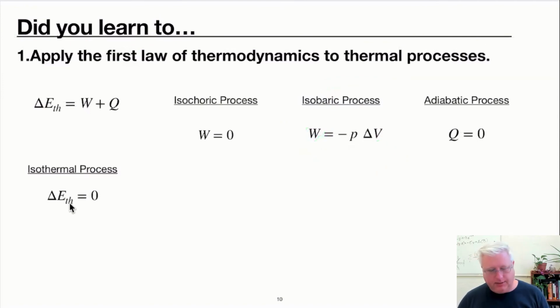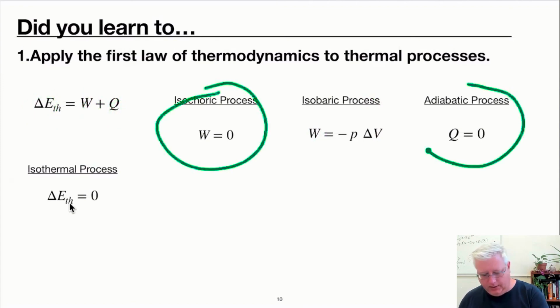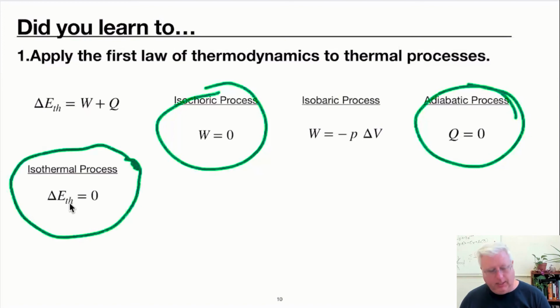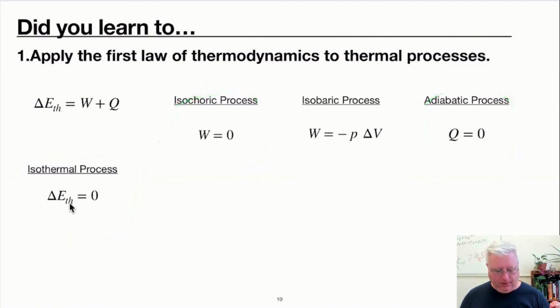Then we practiced that and brought it all together with what we learned from the previous lesson. It was kind of complex, but that was most of what we learned. And then we started seeing what this first law of thermodynamics actually means, that we're just dealing with microscopic interactions. Since there are 3 parts of that first law, there are 3 processes that we can have. We'll get more in depth in the next lesson. But for now, that's it for lesson 24.